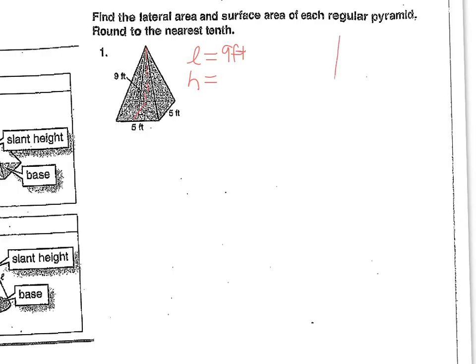So you could think about this as a triangle inside that square pyramid, where the slant height is 9, that's the hypotenuse. The base is 5, so half of that triangle would be 2.5. To find the height, we can just do a squared plus b squared equals c squared.